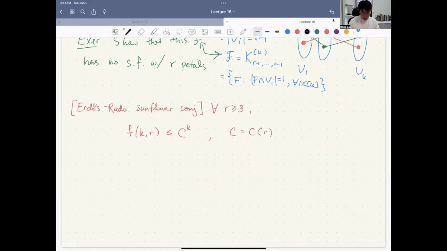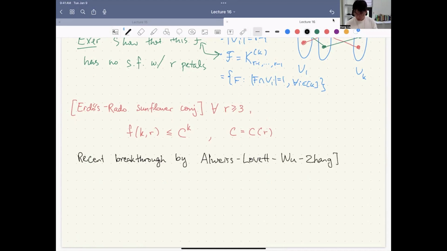This is a recent breakthrough by Alweiss, Lovett, Wu, and Zhang, and later improved by Rao.